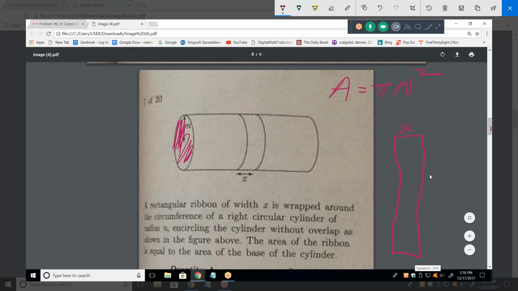Which is? 2 pi r? Or in this case, 2 pi n. Correct? Yeah. Okay. Therefore, the area of the ribbon is 2 pi x times n.